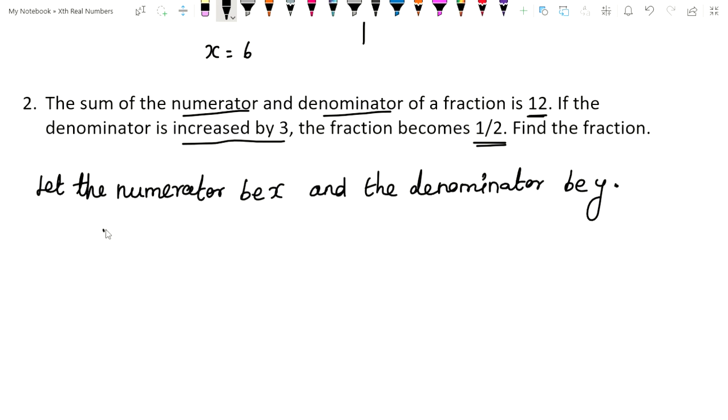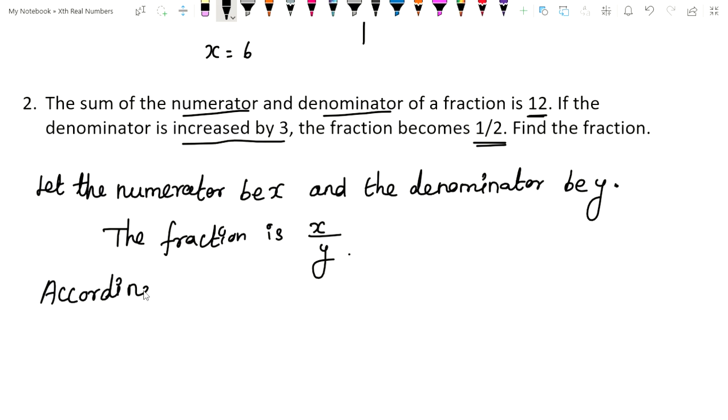So the fraction is x by y. So according to the condition, first condition, the sum of the numerator and the denominator of a fraction is 12. Here numerator is x, denominator is y. So x plus y equal to 12.